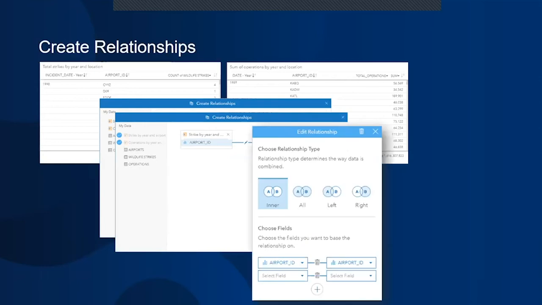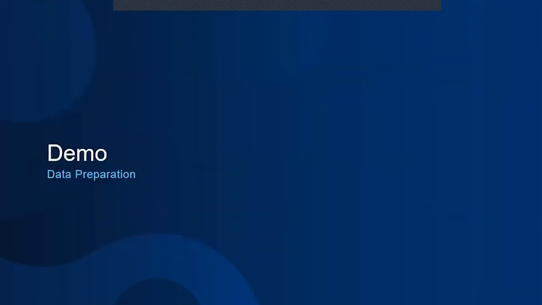This key field can be stored in one field or multiple fields, depending on how the data was created. And in Insights, all relationship types are supported, so inner join, outer join, left or right join between the tables. So now we will move on to ArcGIS Insights and see a short demo regarding data preparation.